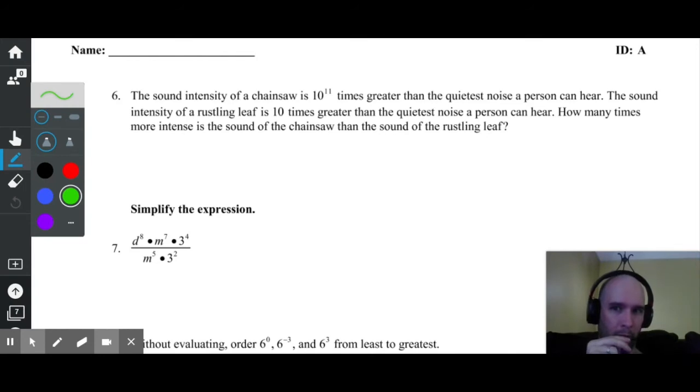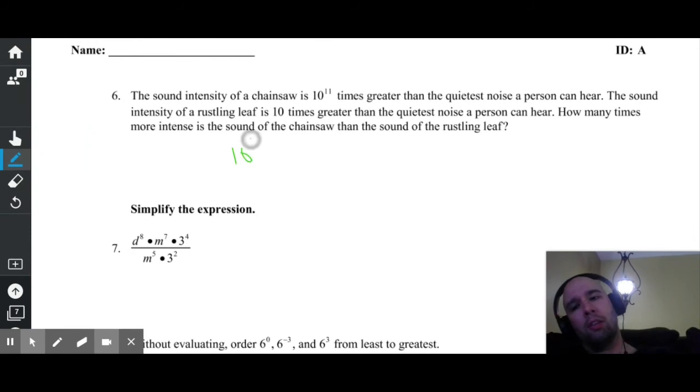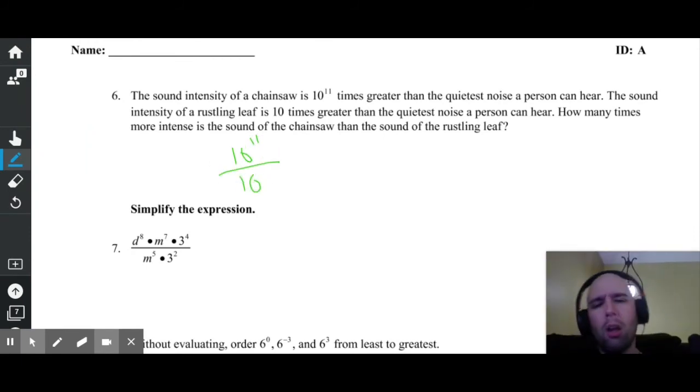How many times more intense is the sound of the chainsaw than the sound of the rustling leaf? Well, if chainsaw is 10 to the 11th, and if rustling leaf is 10, invisible 1, that's 10 to the 10.